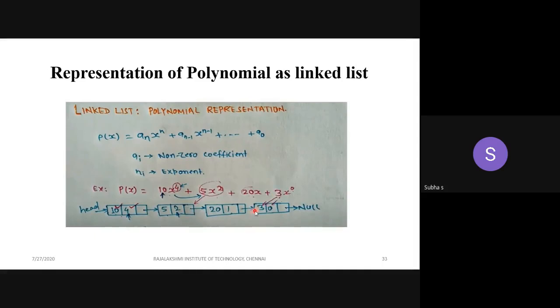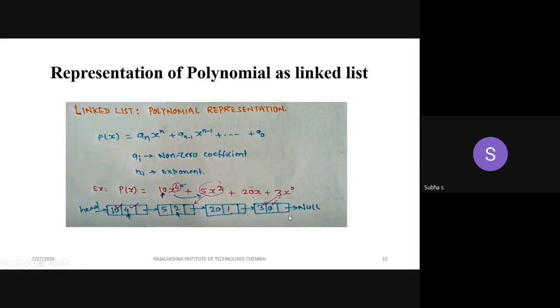What is the coefficient? Coefficient 3. Because in your general polynomial, it's given as 20x plus 3 only. It means that x power 0. Don't forget to put this node. It's very important. If you put only element and next field, only 2 fields, it is also not a correct logic, because all the nodes are having 3 fields in your linked list here. So your coefficient is 3, your power is 0. Is there any other element here? No. So the address of the last node points to null.